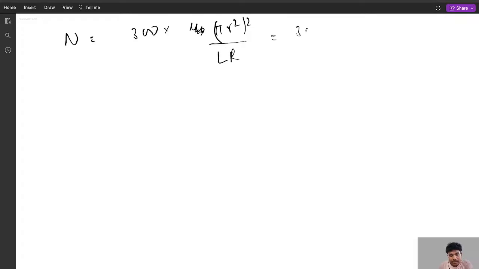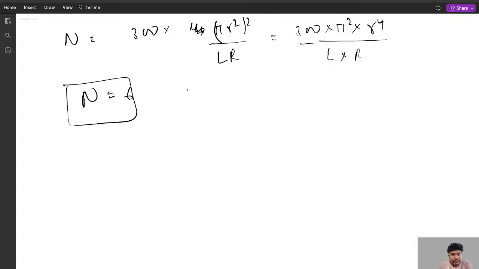From here that is 300 times of pi square, that is r raised to power 4 upon L into R, right? If you calculate this whole thing, I think it comes out to be 6.